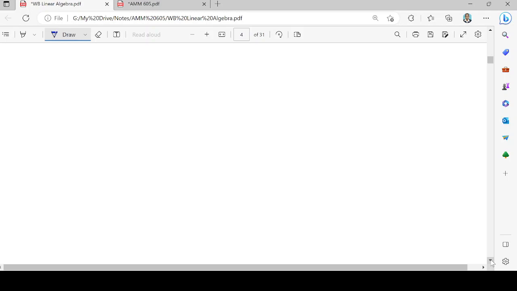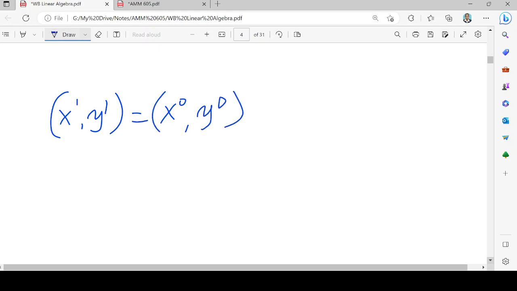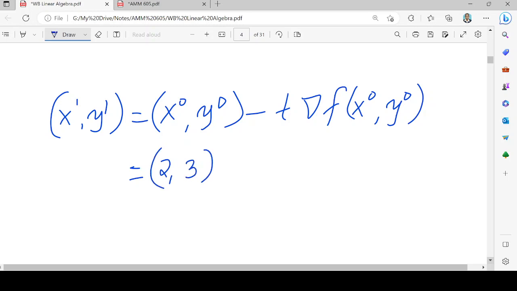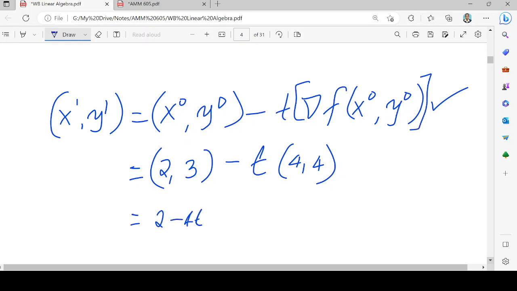When we write x1, comma, y1, this will be x0, comma, y0 minus t times the gradient evaluated at x0, comma, y0, so that this will be 2, comma, 3, which is the initial point, minus t multiplying 4, comma, 4, because we had already obtained this quantity here. So that we get 2 minus 4t, comma, 3 minus 4t.